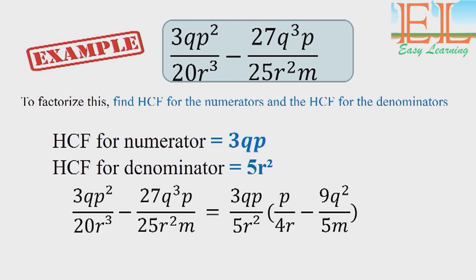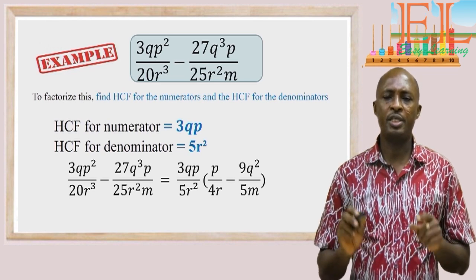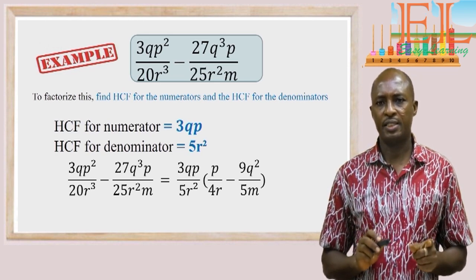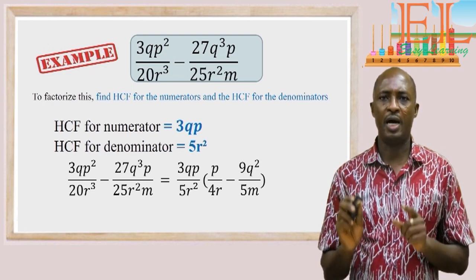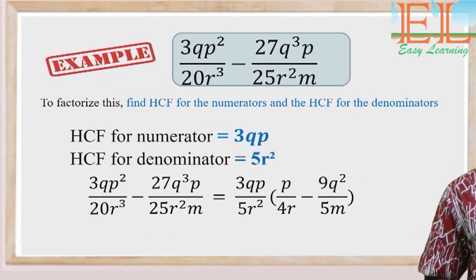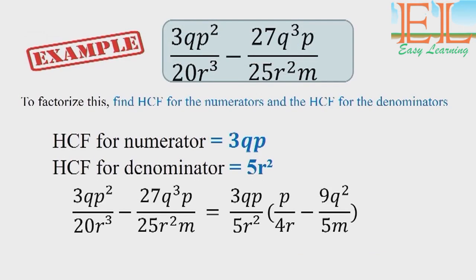For example, factorize 3q p squared divided by 20r cubed minus 27q cubed p divided by 25r squared m. With this example, you realize that there are no terms in the fractions that can divide. And so we go to the second step, finding the highest common factors in the numerators alone and the denominators alone.